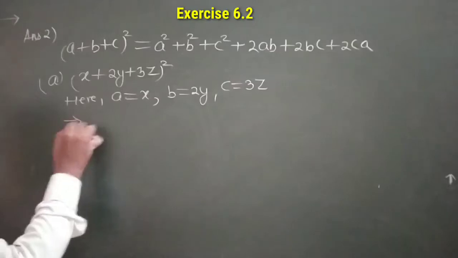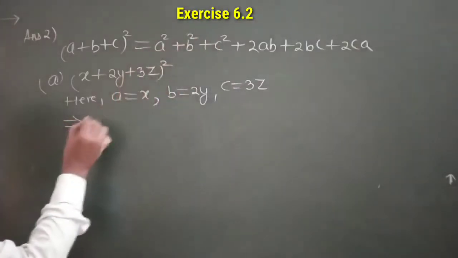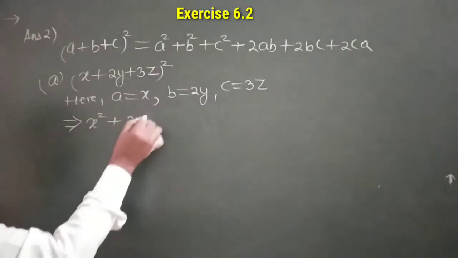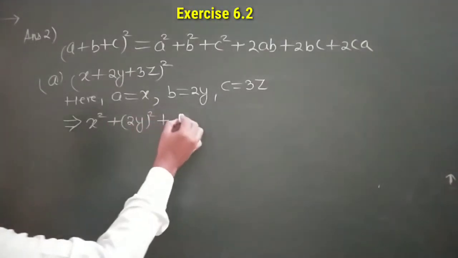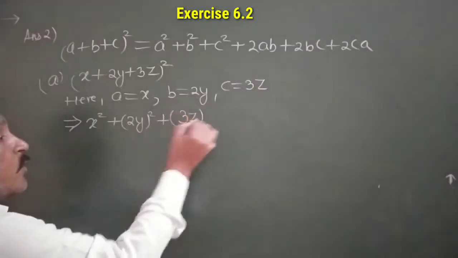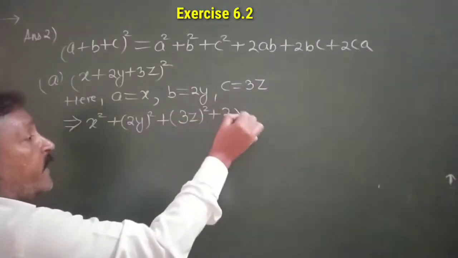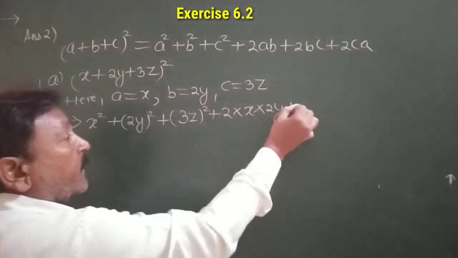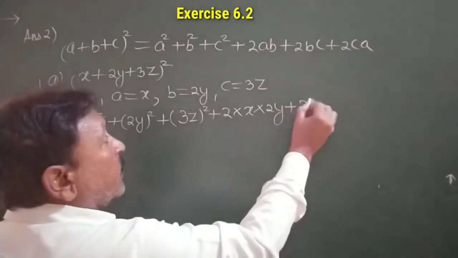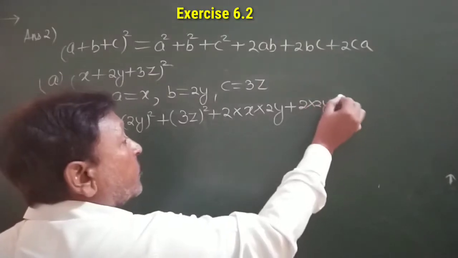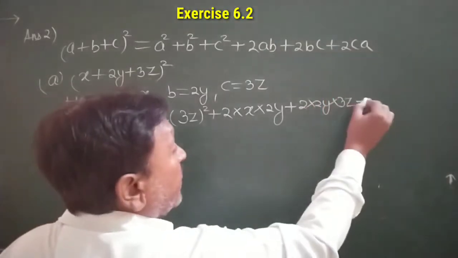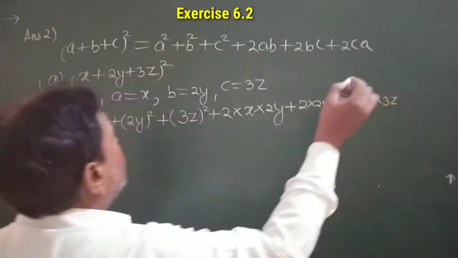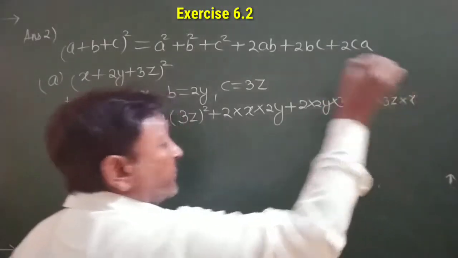So if I write the expanded form, A square means x square, B square means (2y) whole square, C square means (3z) whole square, plus 2AB means 2 into x into 2y, plus 2BC means 2 into 2y into 3z, plus 2CA means 2 into 3z into x.